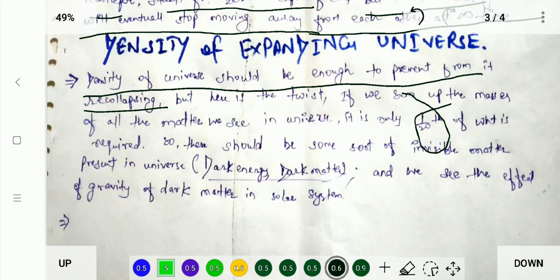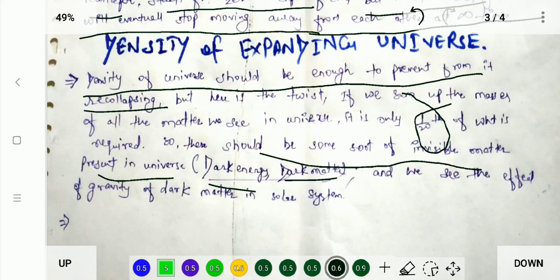It means there may be invisible matter, because the density of the universe is not enough. It is not equal to the critical density we calculated to prevent the collapsing. So there should be some sort of invisible matter present in the universe, dark energy, dark matter. And how do we prove that dark matter exists if we can't detect it and can't see it?